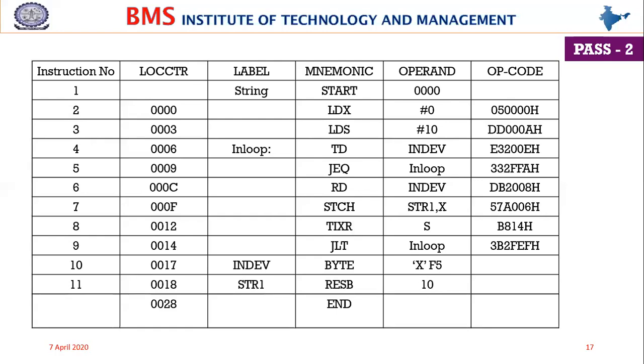Same way, in row number 9, JLT in loop is there, wherein we are supposed to jump from 0014 to 0006. Then also, the displacement is going to remain the same. That is 14 minus C. Whatever is the displacement we are going to get, that will remain the same, right? If it is placed at 2000 also, the displacement remains the same.